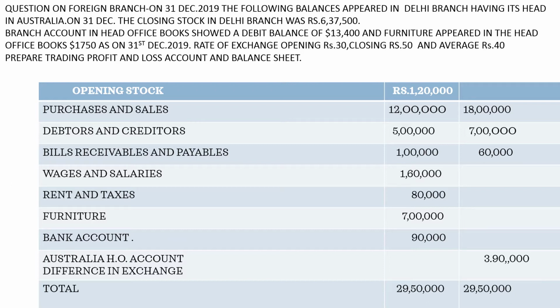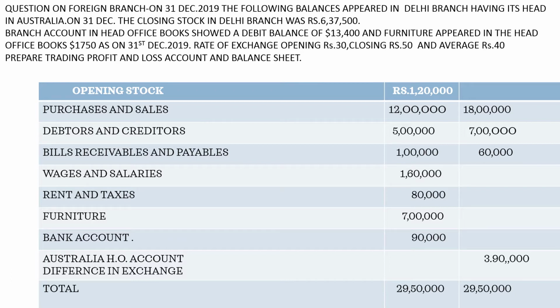Branch account in head office books showed a debit balance of $13,400 and furniture appeared in the head office books at $1,750 on 31st December 2019. Rate of exchange: opening, that is on January 1st 2019, 30; closing, that is on 31st December 2019, 50; and average 40. Prepare trading profit and loss account and balance sheet.